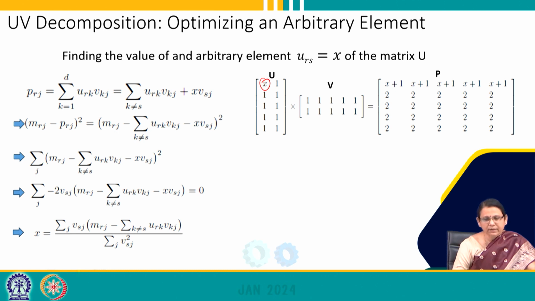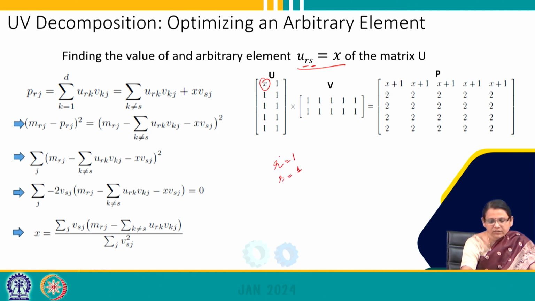What was this element? This element belongs to the rth row and sth column. So, in this particular example, what is r, what is s? r is 1, s is also 1. So, first row, first column.